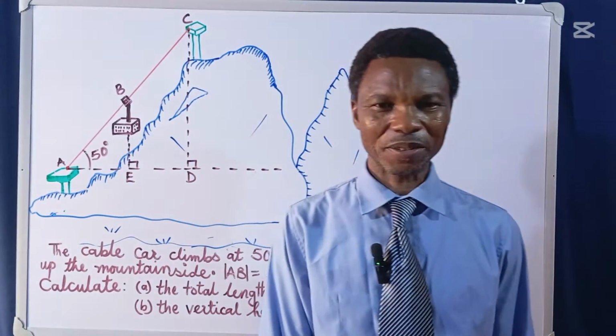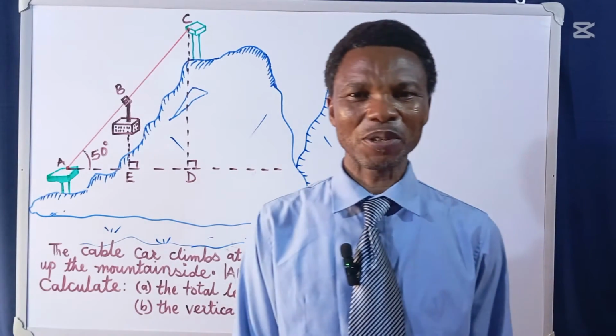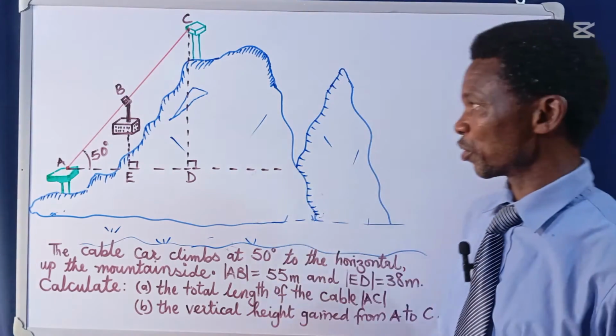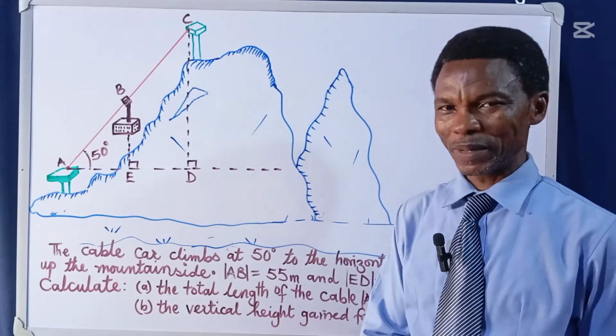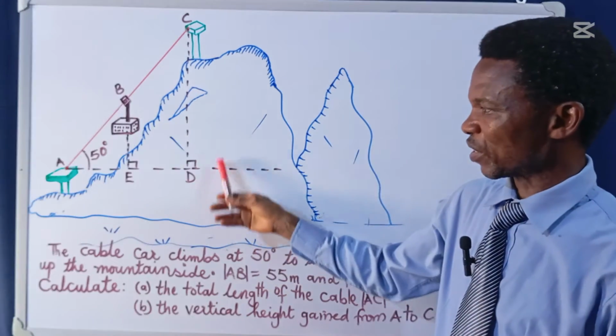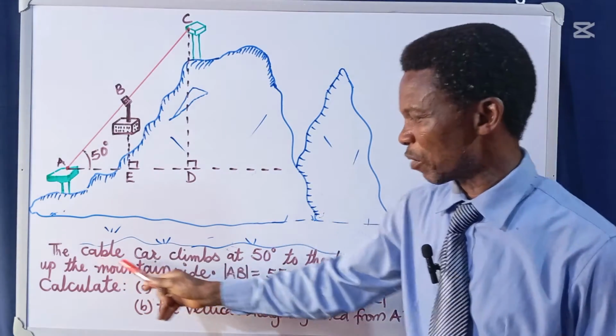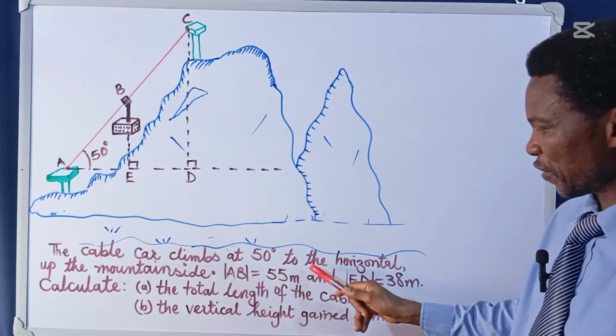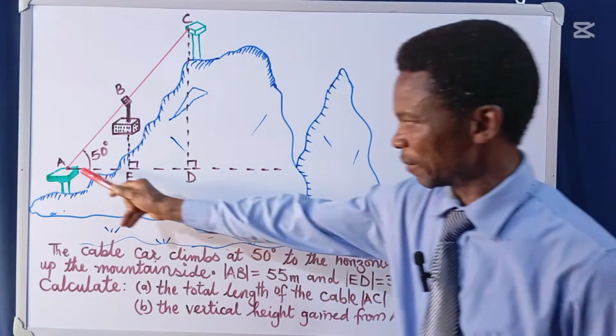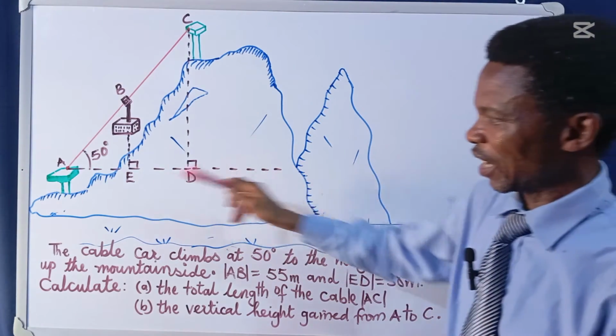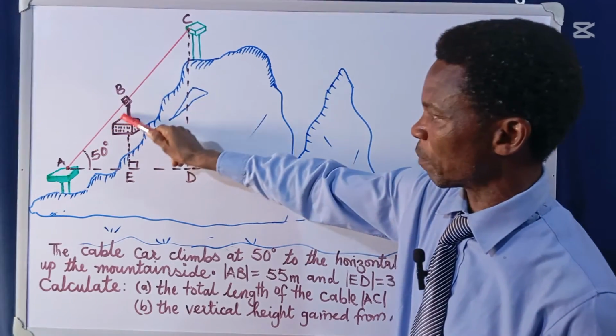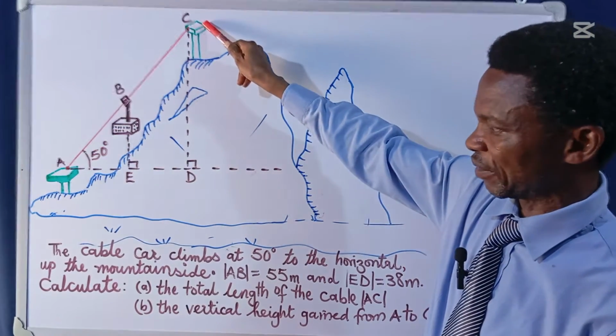I'm Orisheje Matthew. In this video, we are going to look at the application of trig ratio to solve practical engineering problems. In this question, a cable car climbs at 50 degrees to the horizontal and is used to transport passengers up the hill.